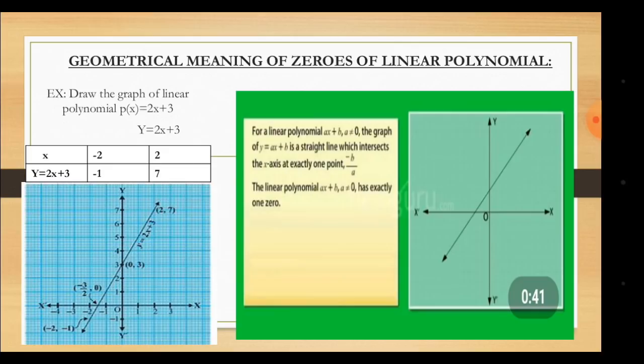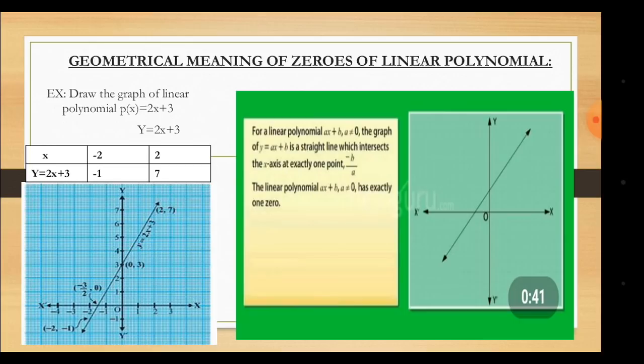See the general form here. For a linear polynomial ax + b where a is not equal to 0, the graph of y = ax + b is a straight line always which intersects the x-axis at exactly one point, minus b upon a. As you see in the graph, this line intersects the x-axis at exactly one point and x coordinate of that point is the zero of polynomial.